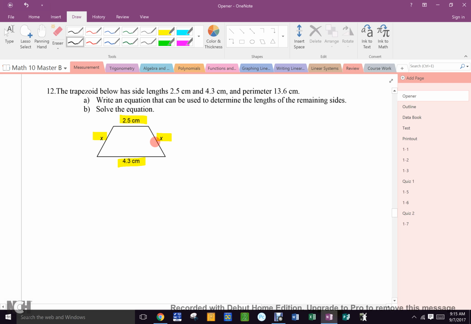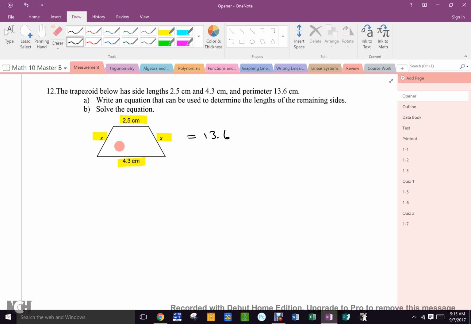We know something about that. They add up to the perimeter, right? So everything yellow has to equal 13.6, right? But we can't write everything yellow equals 13.6, can we, Lexi? It's math class. We got to use some numbers and some letters, yeah?